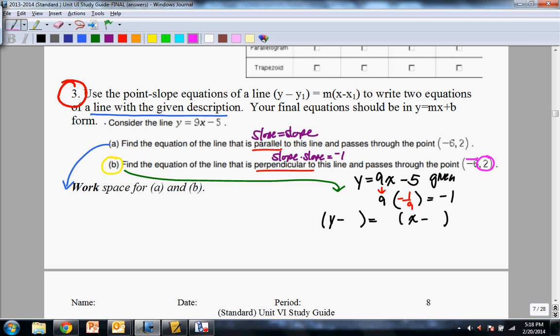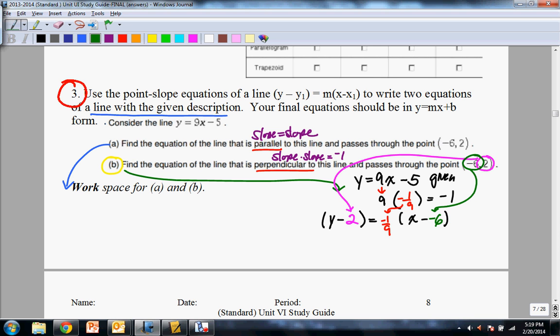That's y1 there, so that's going to plug in right there, 2. Your slope plugs in right where the slope belongs, which is -1/9. And then your x1 is right here, -6.